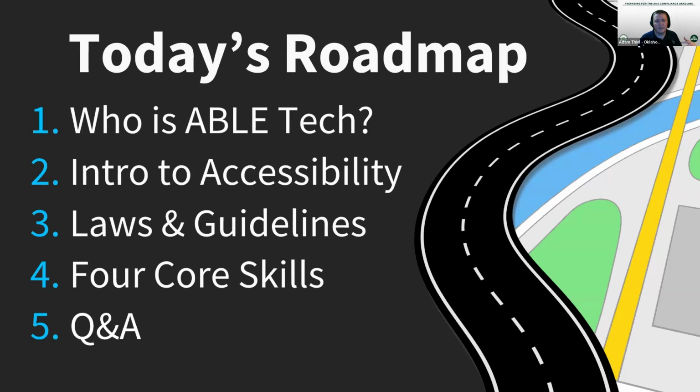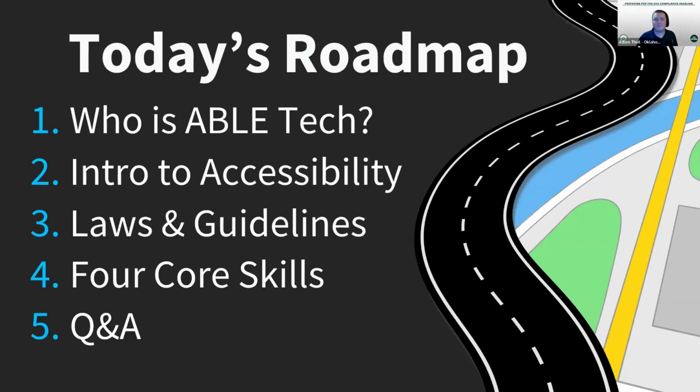And then I'm going to give some basic digital accessibility skills that you can start using today to make your content more accessible as you're creating it. And then we'll have some time at the end for a Q&A if I don't waste all of our time with blabbing about stuff. I like to talk. So if at any point I start talking too fast, please let me know and I will try to slow down as much as I can.